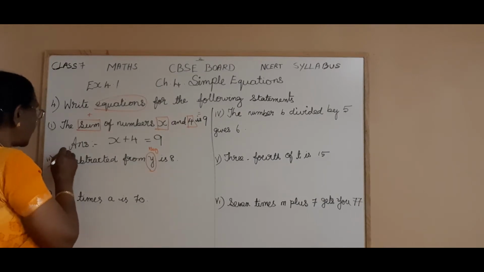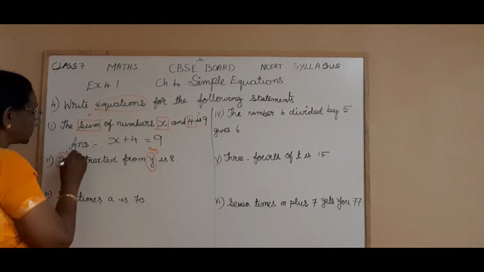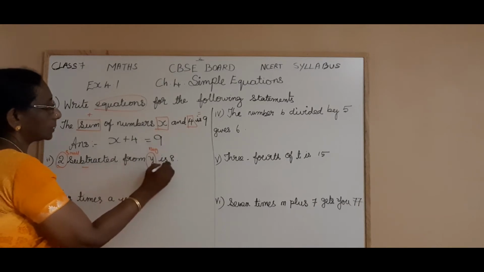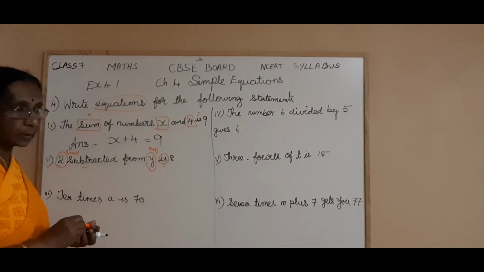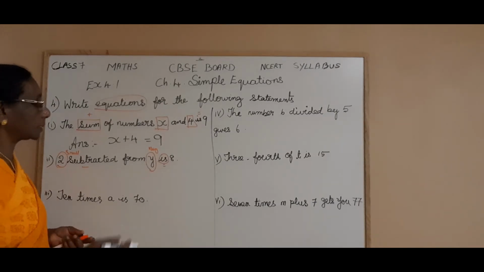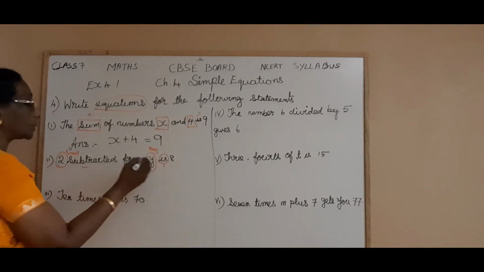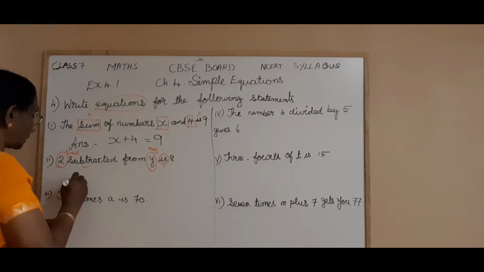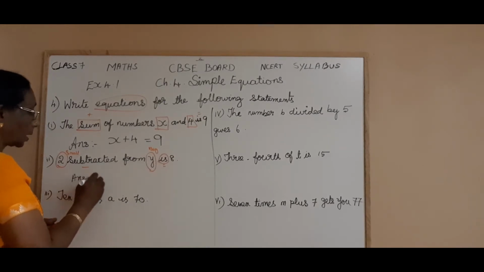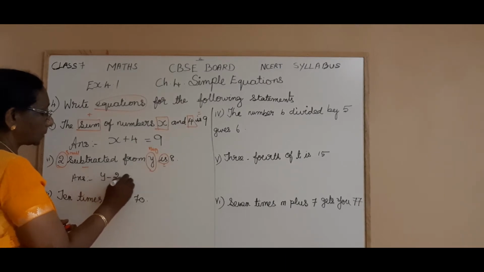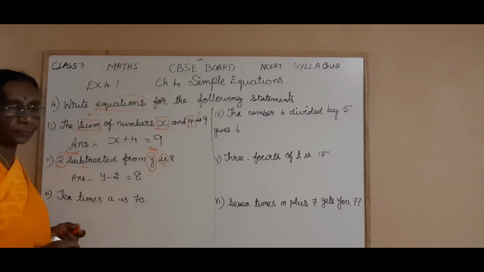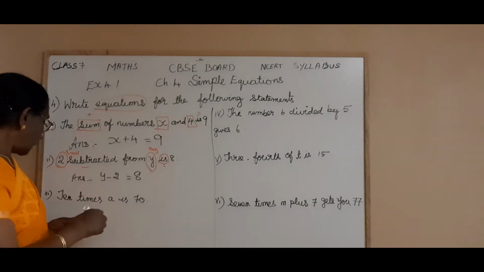So this is the small number. Minus. Is means equal. Is, gives, take, gets means equal. So first big number, you straight away write the answer. y minus 2 is equal to 8. Isn't it?